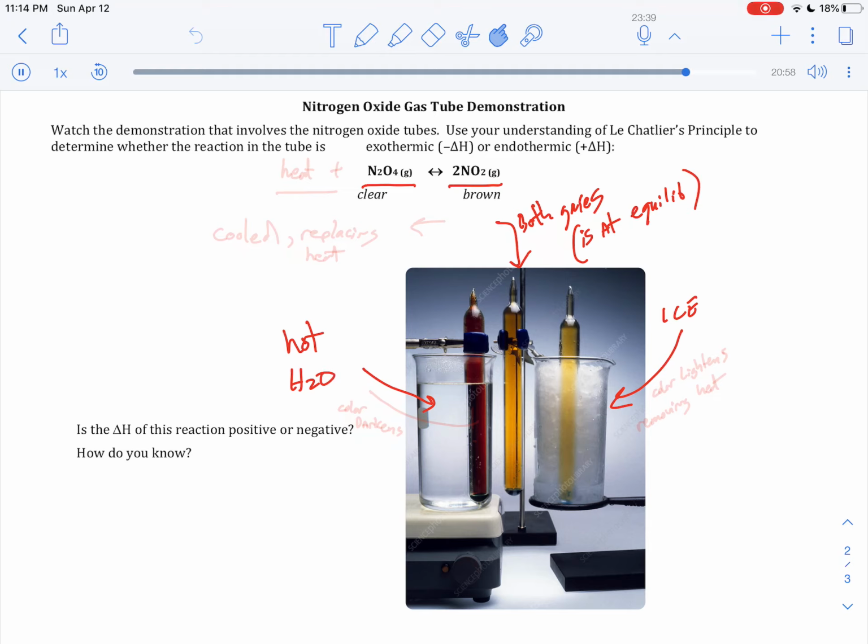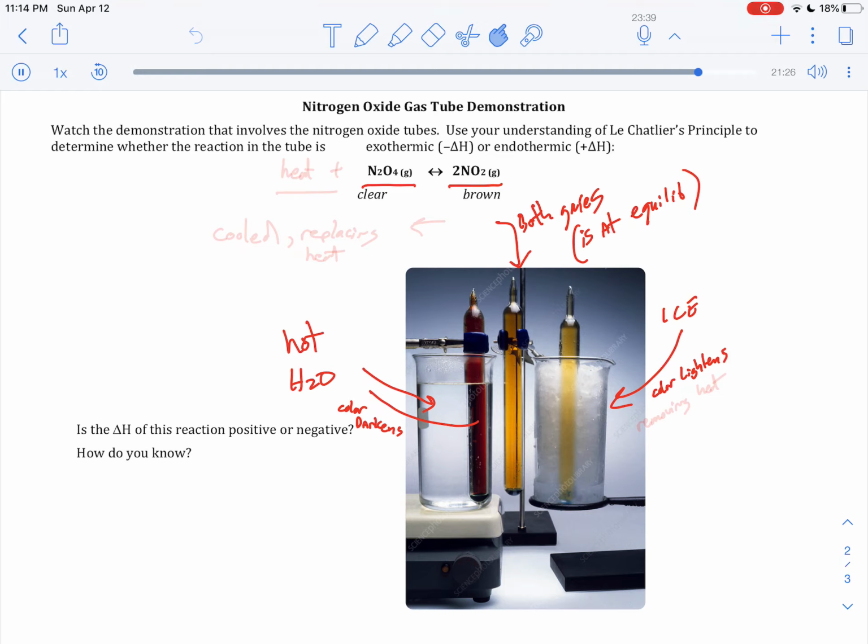If you notice, the one in the ice bath has a lighter color than the one in the middle. The one in the middle is room temperature. And the one on the left, the hotter one, we've got a darker color.